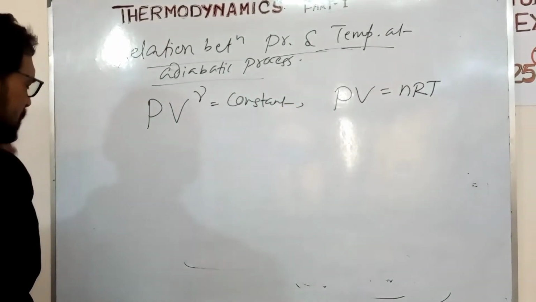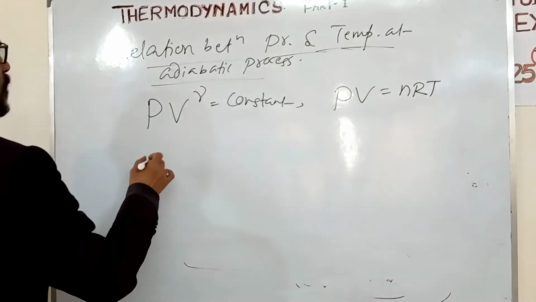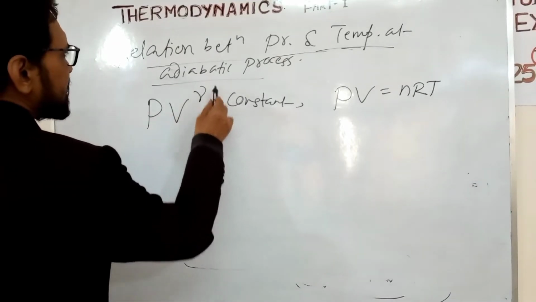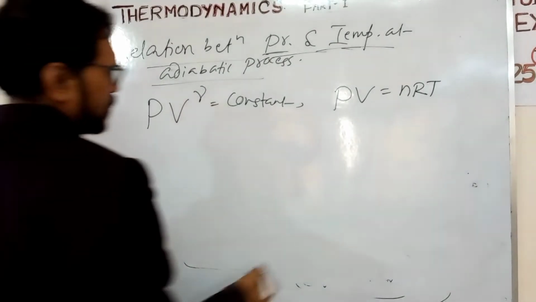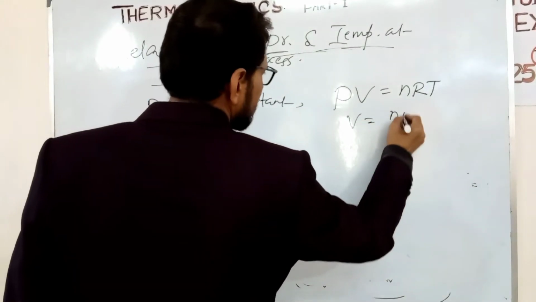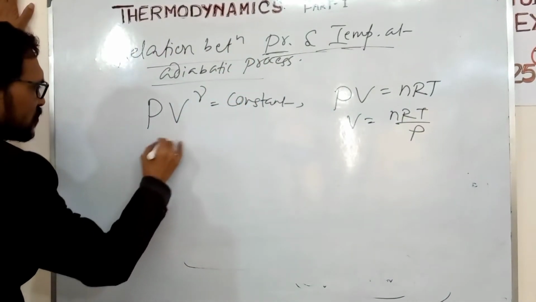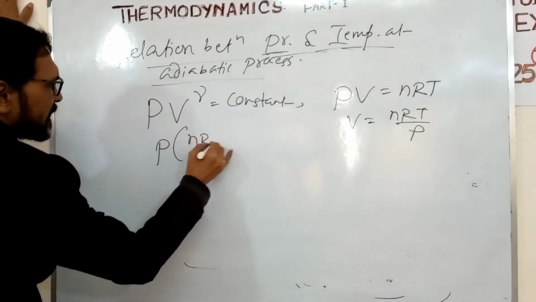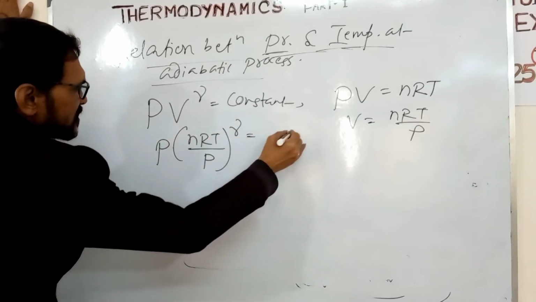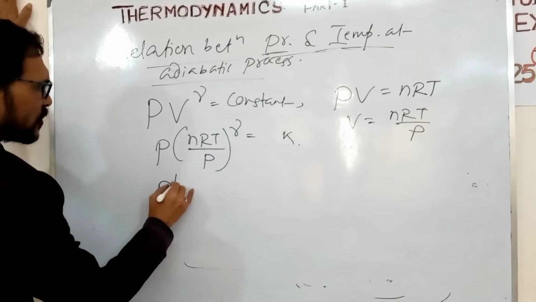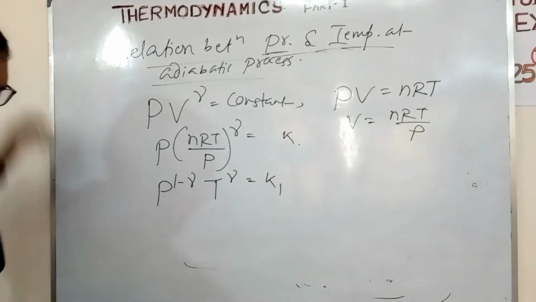If we want to relate pressure and temperature, we have to eliminate the volume. So V equal to nRT by P. If we put this here, we get (nRT by P) to the power gamma equal to constant. Suppose this is K. Now P to the power (1 minus gamma) times T to the power gamma equal to another constant K. So this is the relation.